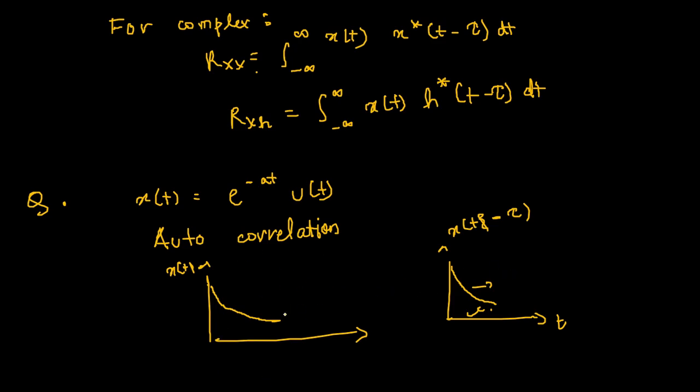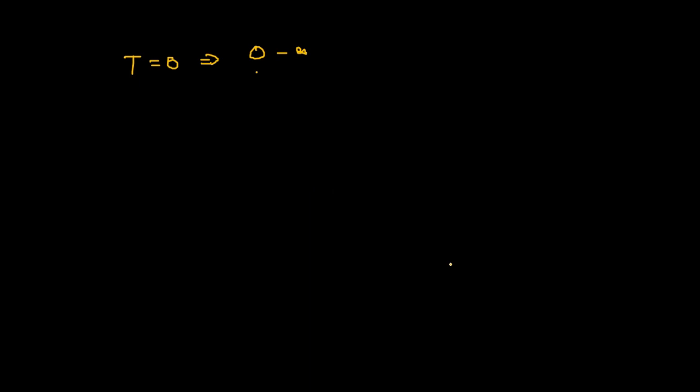In autocorrelation, x of t and h of t are both the same. Before you actually shift the graph, like I mentioned, there is no reversal in correlation. We just start shifting. Tau is the shift in the second graph.